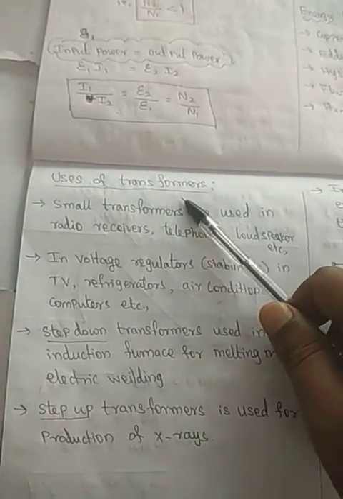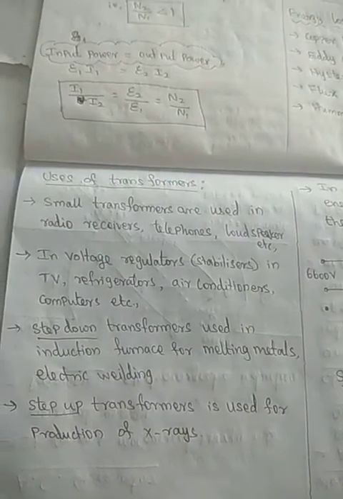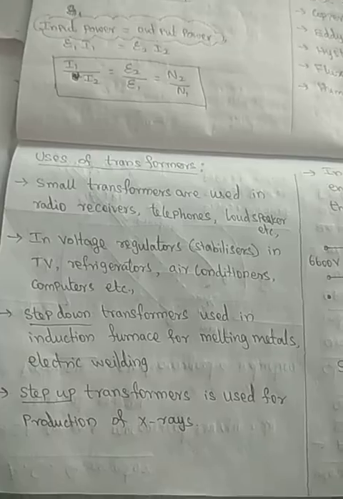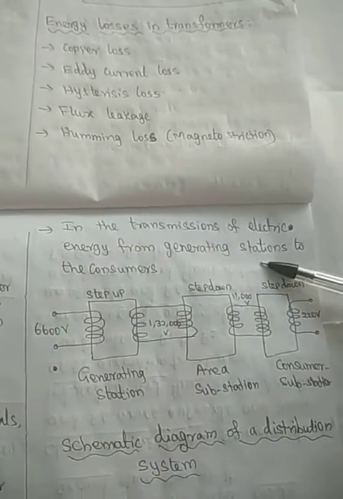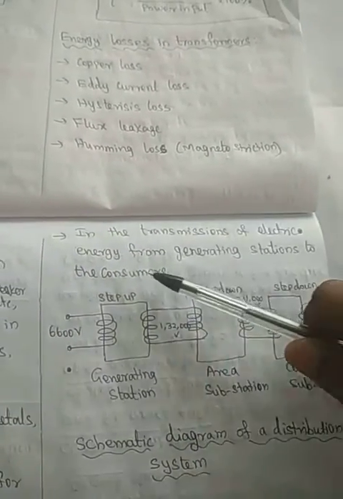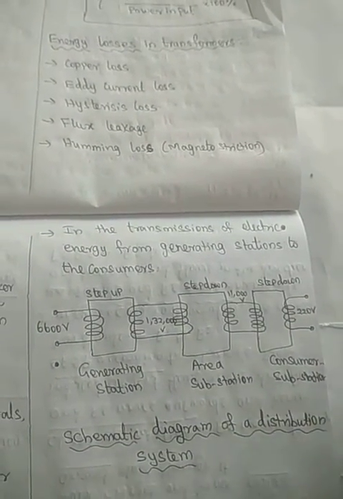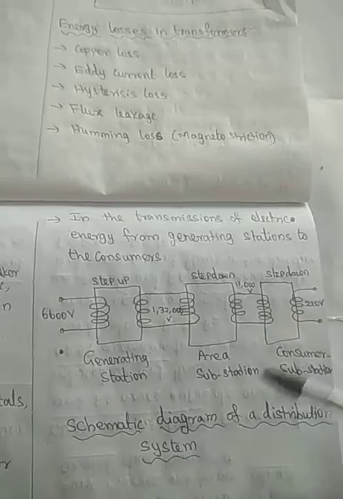But we also see transformers on our streets, used in the electrical boards. How are they used? Transformers are used for transmission of electrical energy from generating stations to our homes, that means to our local EB stations. Very simple.